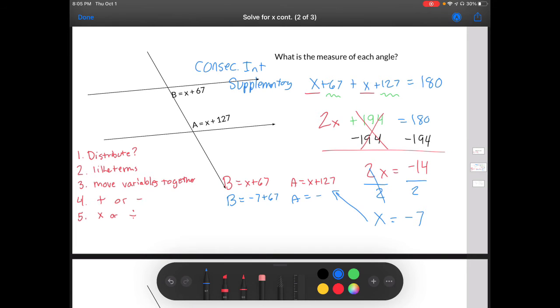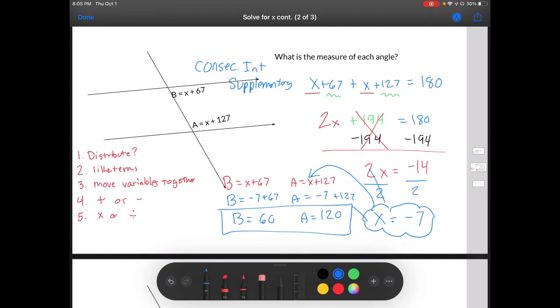And instead of x plus 127, it's negative 7 plus 127. So b equals 60 and a equals 120. And there we go. You find x and you plug it into the expressions and you get the final answer.